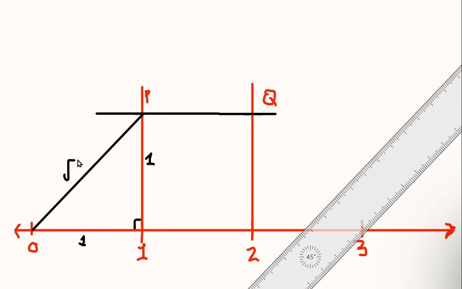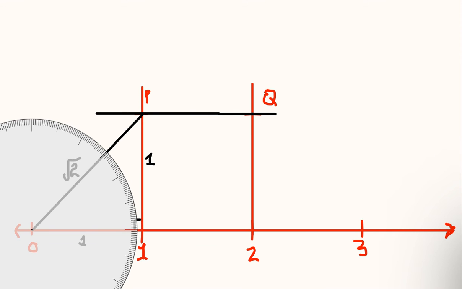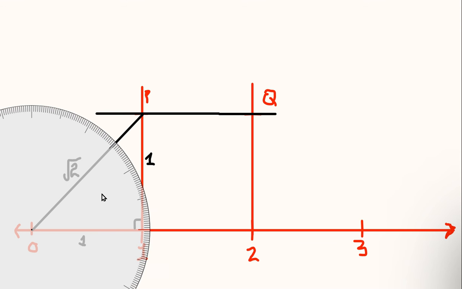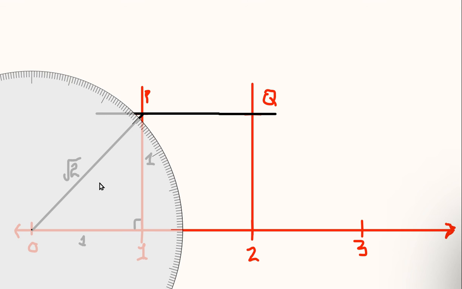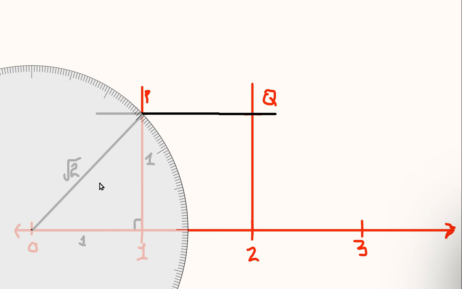Now to get this on the number line, we draw an arc from point P to the number line. Now set your compass to a radius such that the distance OP should be the radius, and we'll draw an arc from here.